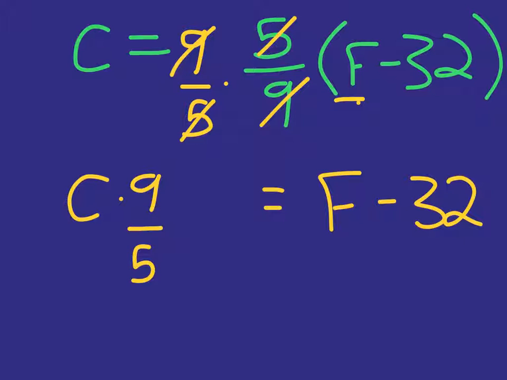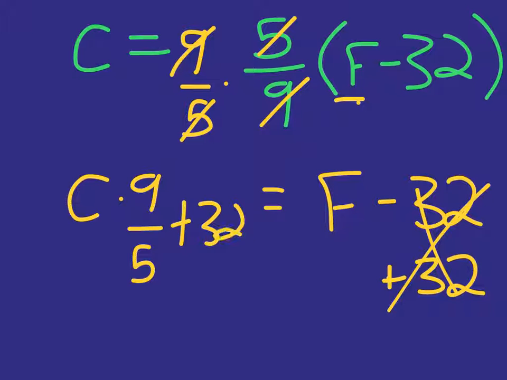Once we do that, we have one more step to isolate the f, and it's f minus 32. And so to isolate f one step further, remember the opposite of subtraction would be addition. So we're going to add 32 to both sides.